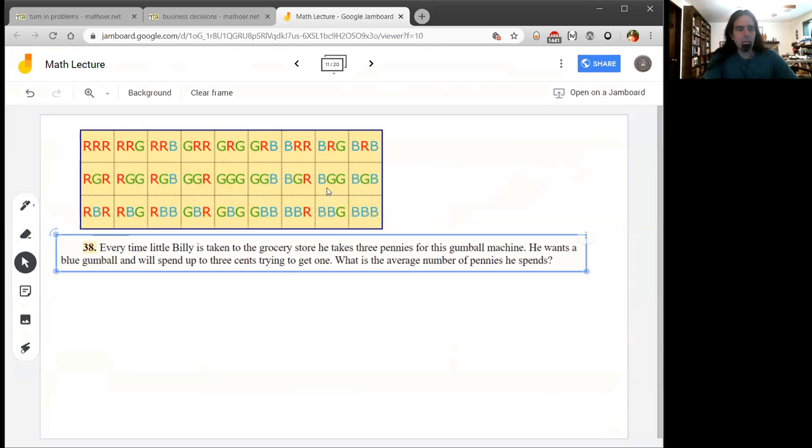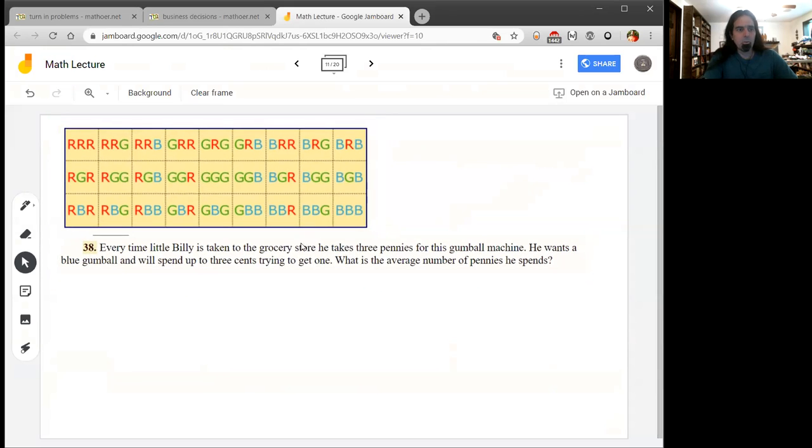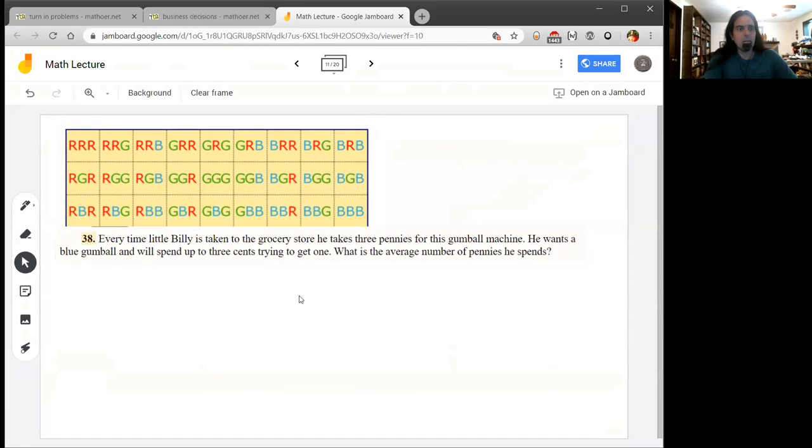So every time our kid goes to the grocery store, he gets 3 pennies and puts them in the gumball machine, because this is long ago when gumball machines used pennies. He wants a blue gumball, and he'll spend up to 3 cents trying to get one. But once he gets one, he stops. So what's the average number of pennies he spends?